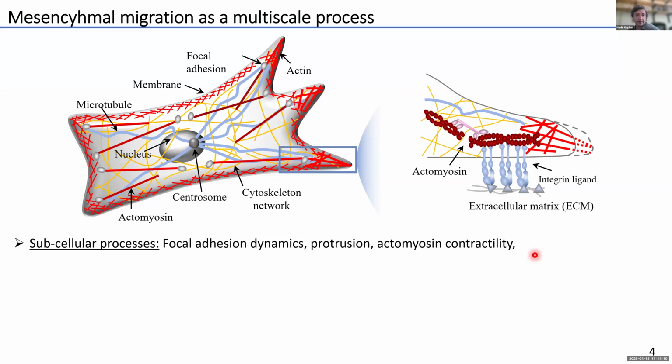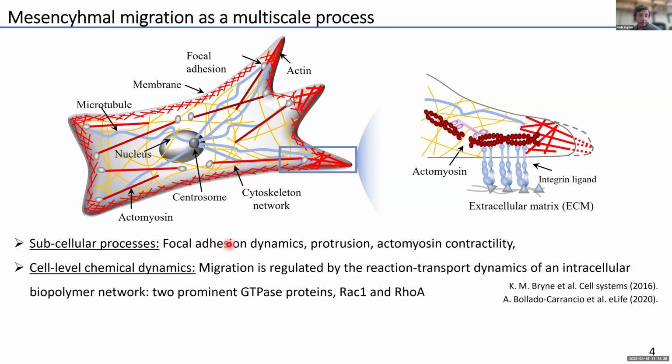So with that, what actually strikes me most about mesenchymal migration is that it's a multi-scale process. It's very difficult to isolate different processes when you want to ask the question, how does a cell migrate? For instance, subcellular processes like focal adhesion dynamics, the protrusion growth, and the actomyosin contractility are all coupled.